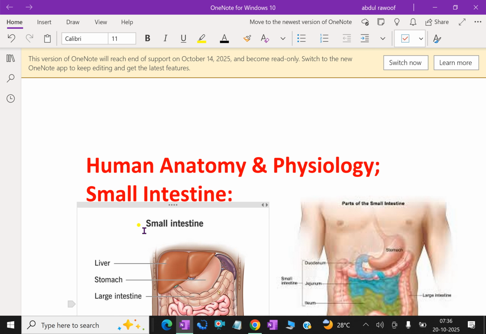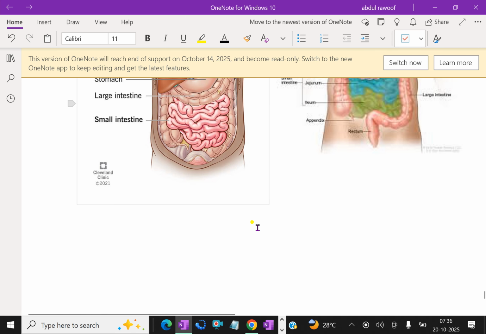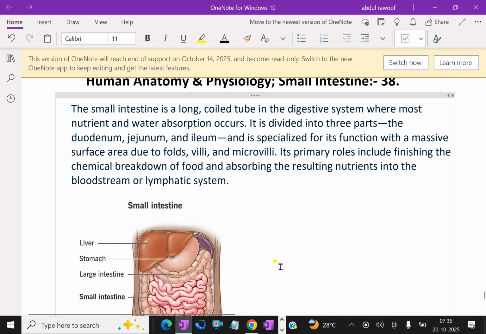Now we'll discuss further detail about the small intestine and its structure. The small intestine is a long coiled tube in the digestive system where most nutrient and water absorption occurs.